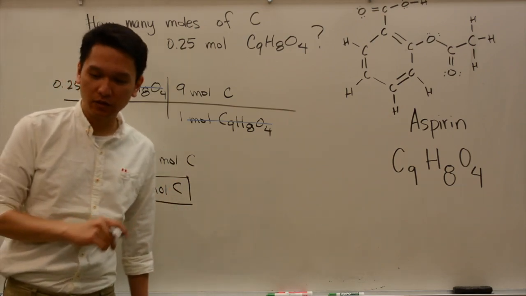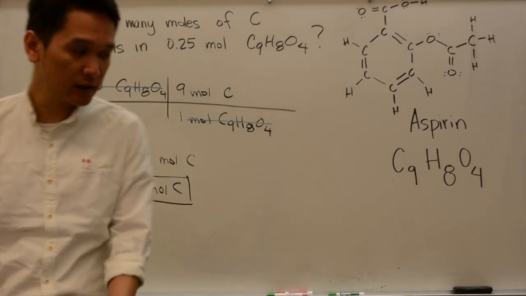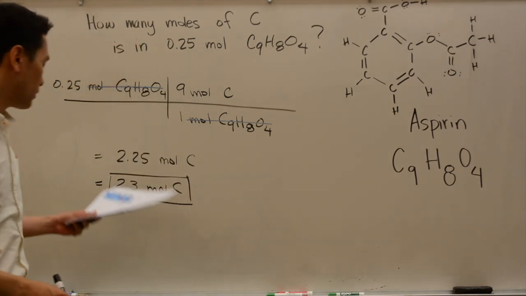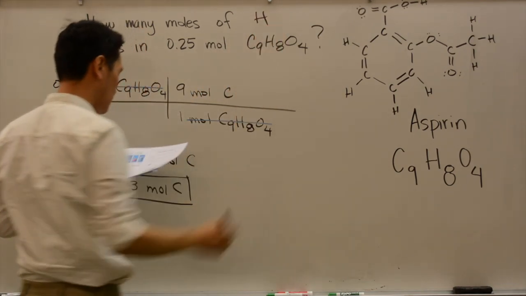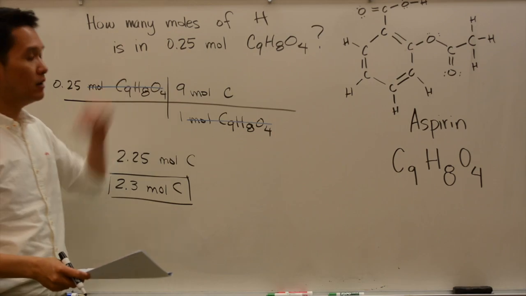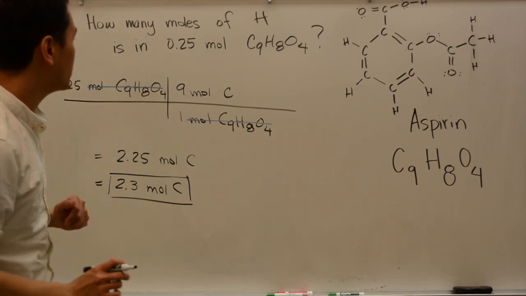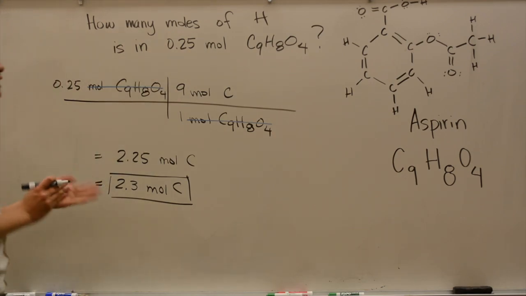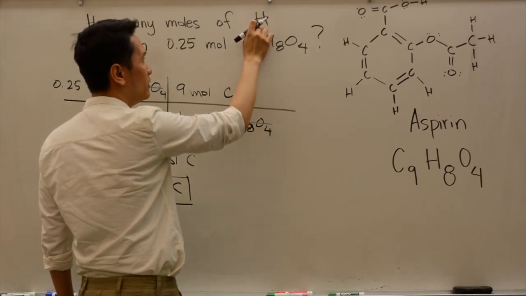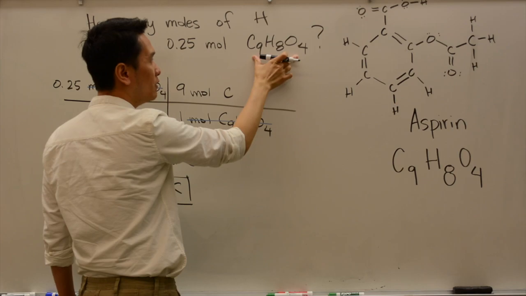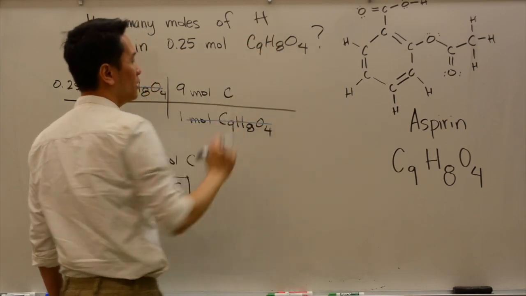Okay, so let's do another example. In the same case, the next problem says how many moles of hydrogen you would have in 0.25 moles of aspirin. So again, the same thing here. We're asking to relate moles of an individual atom to moles of the whole molecule, right?